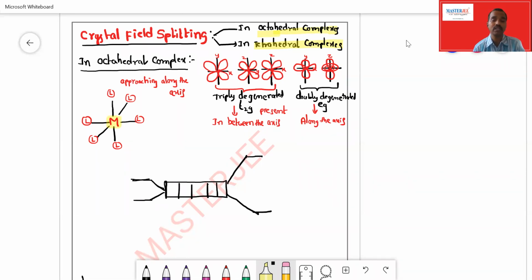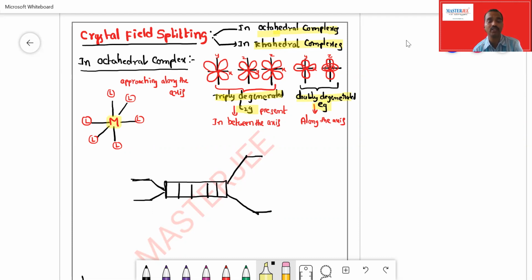First of all, we will see how the d orbitals are. The d orbitals are divided into two sets: triply degenerate d orbitals and doubly degenerate d orbitals. Triply degenerate is t2g, doubly degenerate is eg. Triply degenerate orbitals are present in between the axes. This is very important.